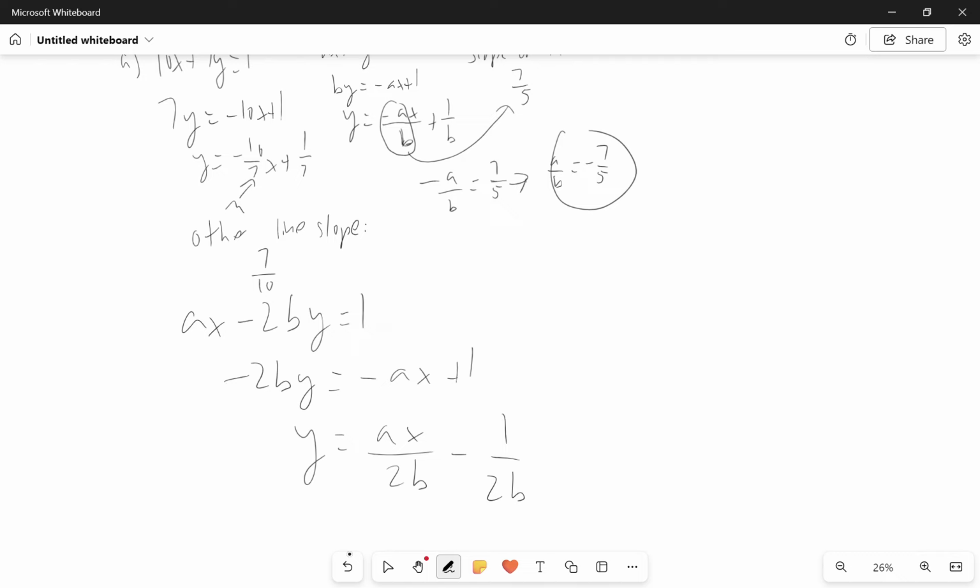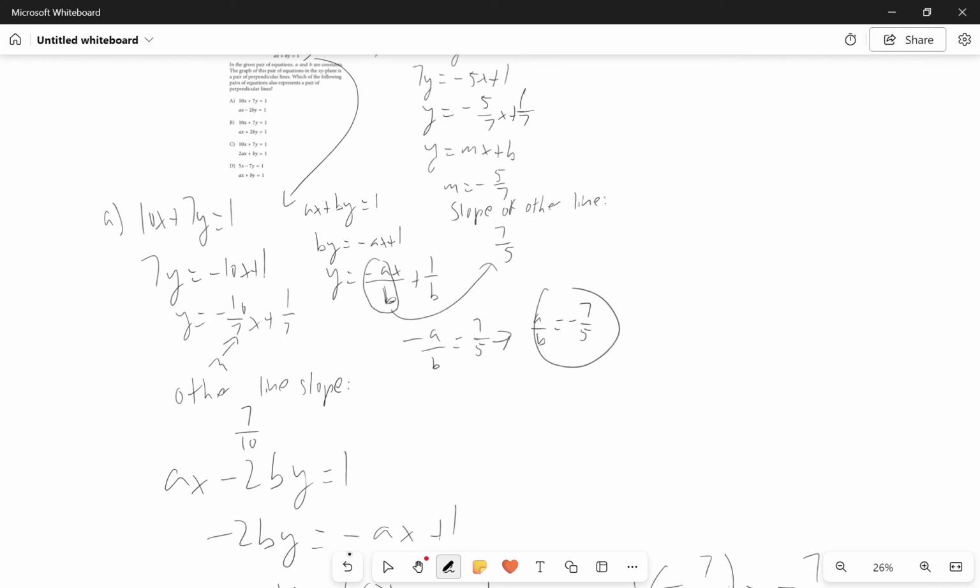This last part doesn't really matter. So the slope of this would be a over b times 1/2. That's 1/2 times negative 7/5, which is negative 7/10. That's not 7/10, so this is wrong. So we know it's not A.